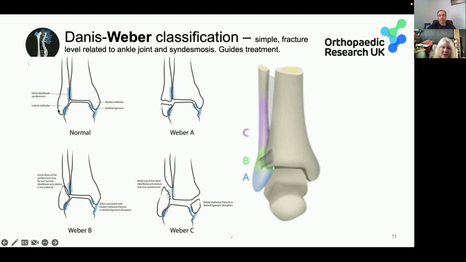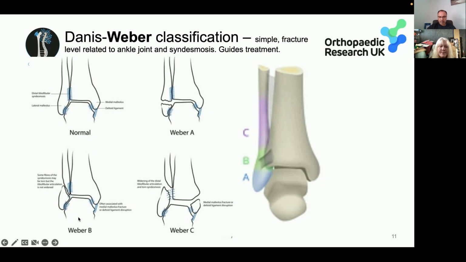So normally we look at the diagrams. We've got our syndesmosis, our lateral ligaments, and our deltoid ligament here. It's normal. It all looks nice. There's a good space. In a Weber A fracture, we accept that the ligaments are probably intact because your fracture goes through here. So it's below your syndesmosis. It's gone through the bone rather than tearing your lateral ligaments, and there's no reason the medial side should be injured.